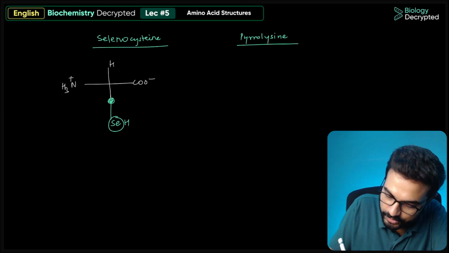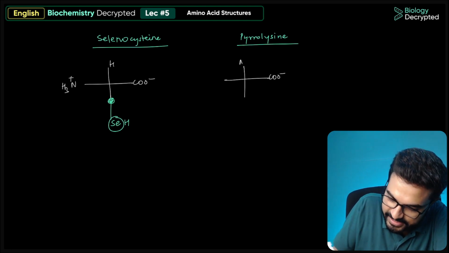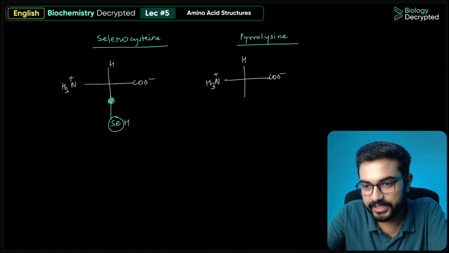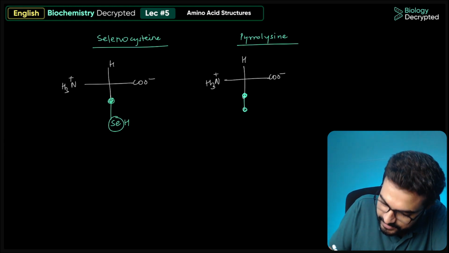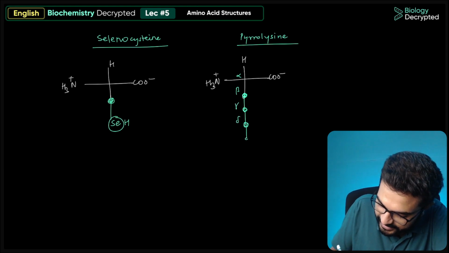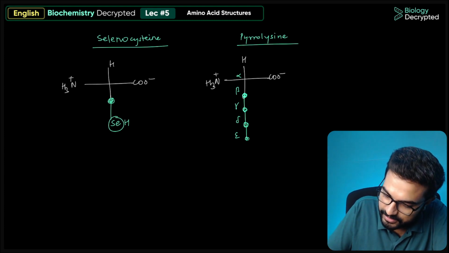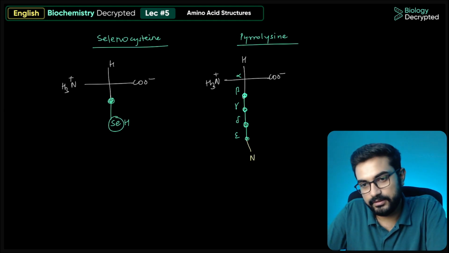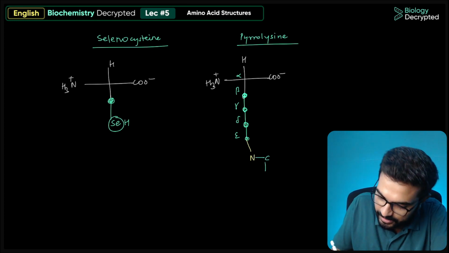Now if we try to draw the structure of pyrrolysine, well, we'll try to draw the structure of lysine first. This is CO minus, this is H, this is NH3 plus. And here, obviously we'll draw these carbons. This is your alpha, beta, gamma, delta, and epsilon. So you have carbons here. Now you will draw this N of lysine, and here you will form an amide bond.